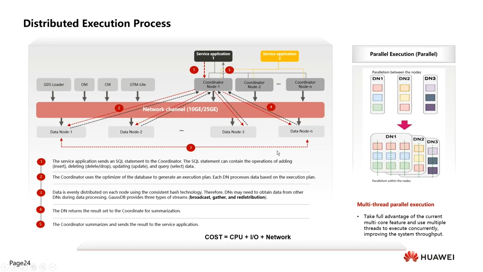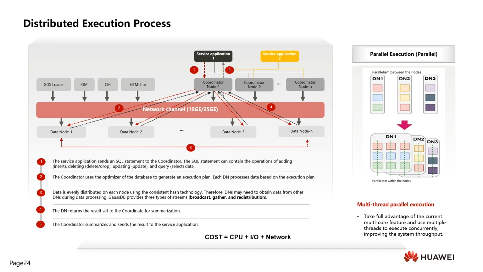So in this slide, I will introduce the execution process for a distributed database system. The overall process to execute a SQL statement can be summarized into 5 steps. First, the service application sends SQL statements to the coordinator node.